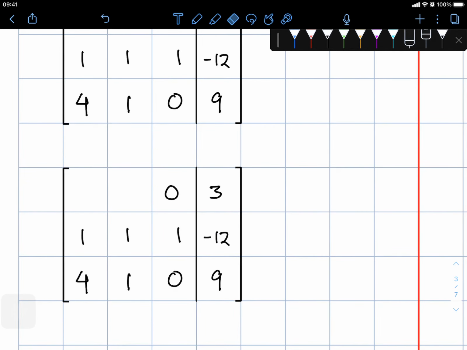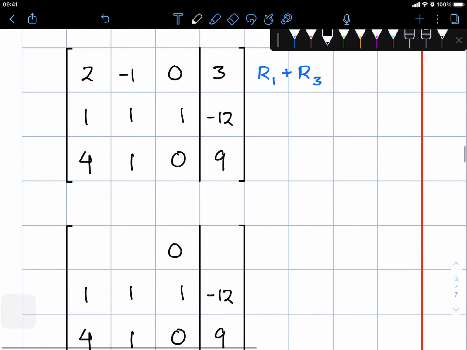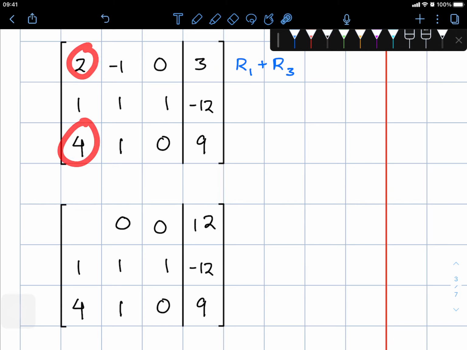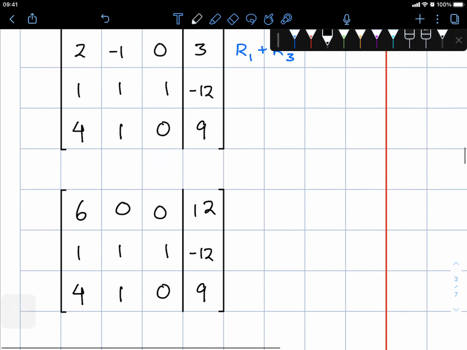So row 1 is going to be changing. And as we said, row 1 plus row 3, so -1 plus 1 is going to be 0. 3 plus 9 is going to be 12. And 2 plus 4 is going to be 6.